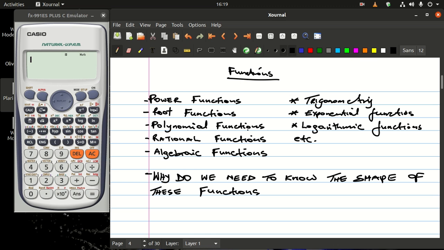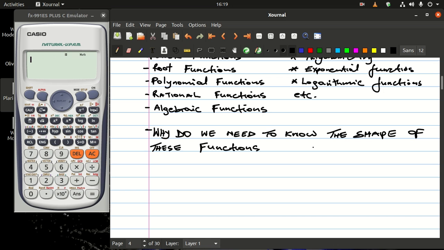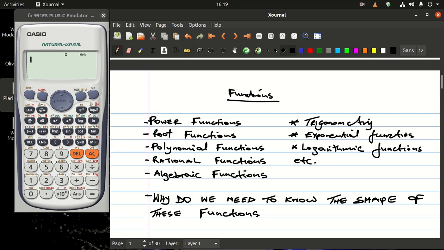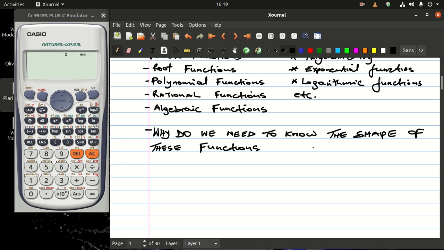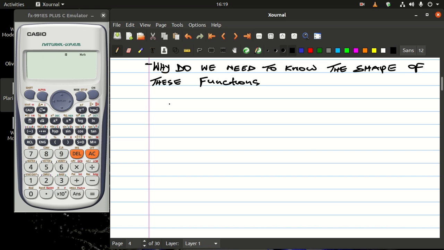So now, this is the importance of doing these things. The fact of knowing the shapes, it will be easy for you to choose a function to use to model. Now, what do these functions look like and what are they actually, mathematically? So let's say now you are looking for the power functions. How do you recognize power functions?